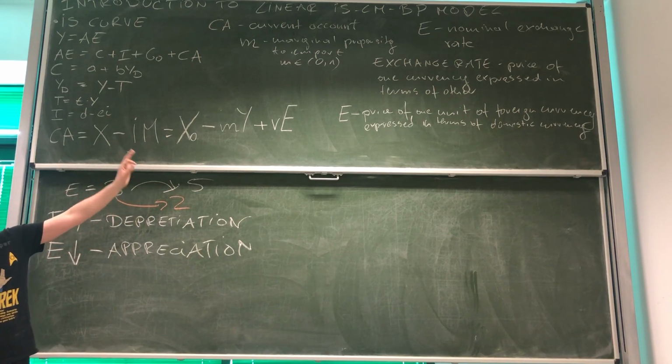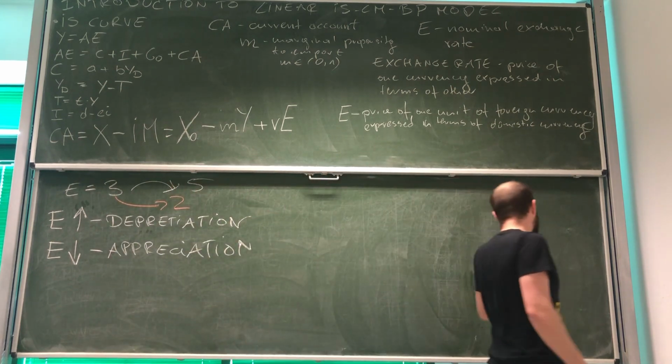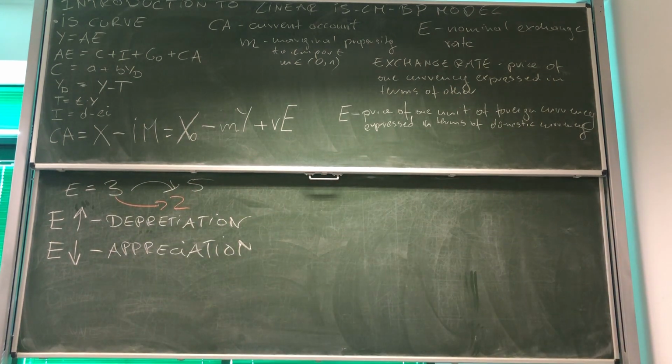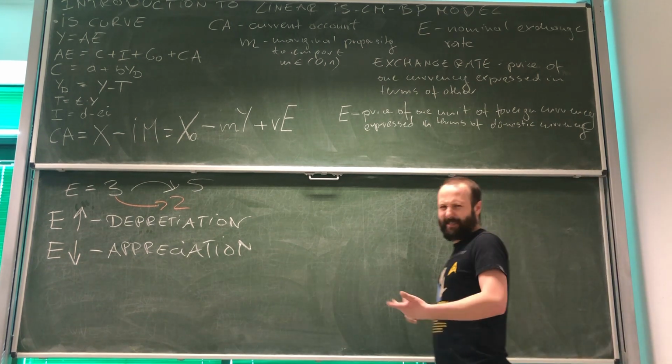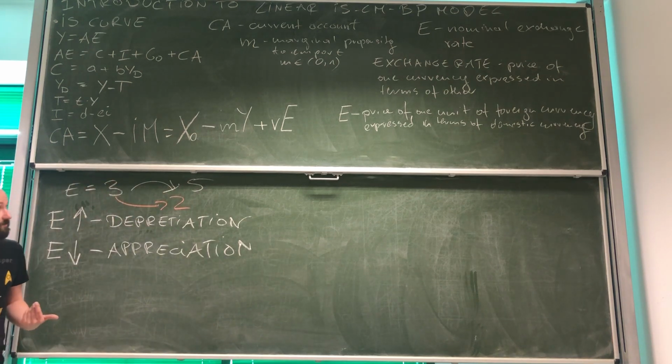So actually, we should concentrate here also on real exchange rate. However, look, ISLM is a short-term model, right? We are assuming that prices are constant. This is why we can observe what happens to other variables.